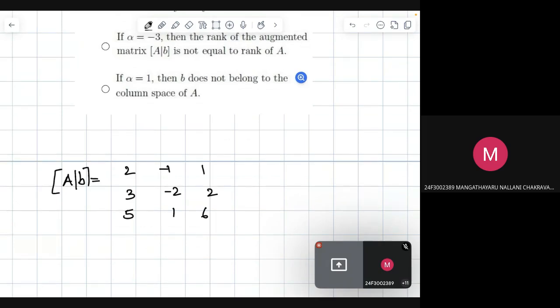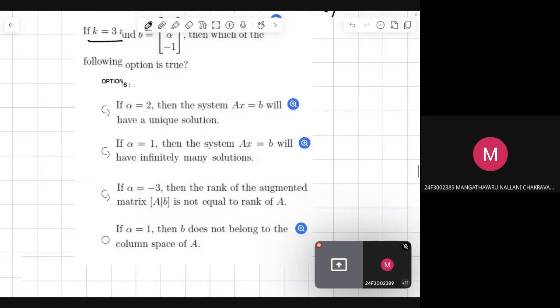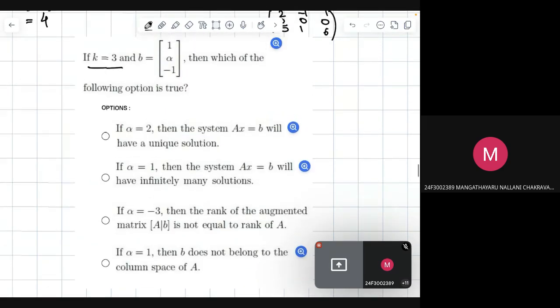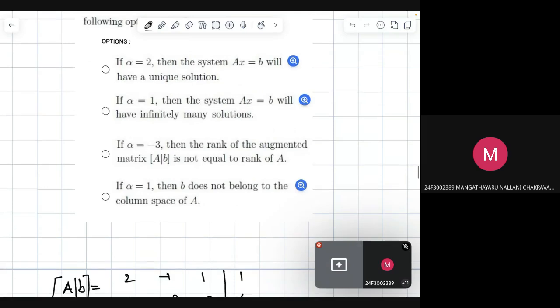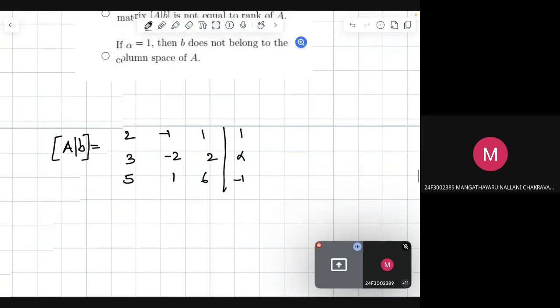Now we have to say which of the following options is true. If alpha is equal to 2, then the system Ax equal to b will have a unique solution. So let's check for that.